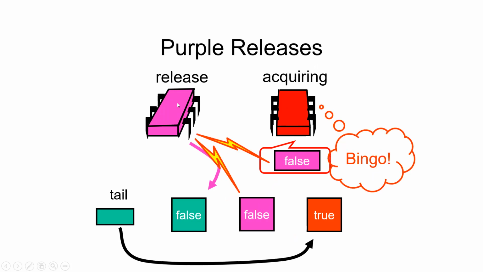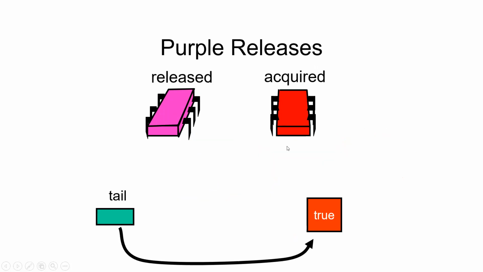Whenever this pink thread releases the lock, it updates its QNode value to false. Then this red thread will be notified that its record value is false, meaning the previous thread released the lock. Now this red thread can acquire the lock, right? So here the pink thread releases the lock, and now the red thread will acquire the lock.